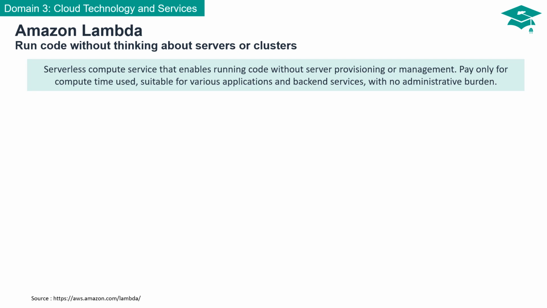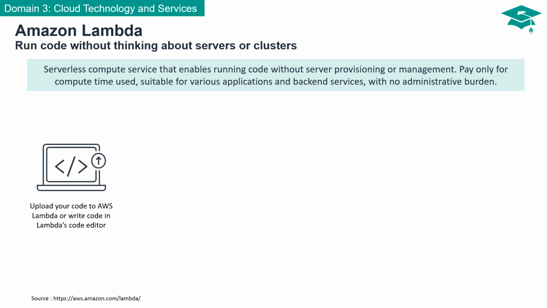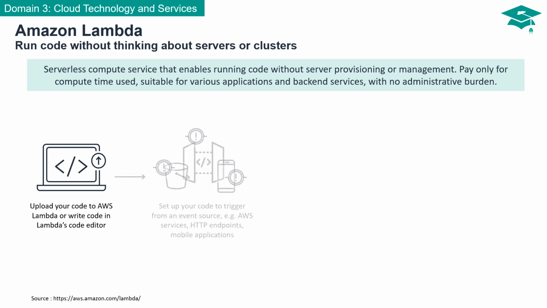Here's how it works. Begin by uploading your code to AWS Lambda, or you can write your code directly in Lambda's integrated code editor. Configure your code to be triggered by specific events from sources such as AWS services, HTTP endpoints, or mobile applications.